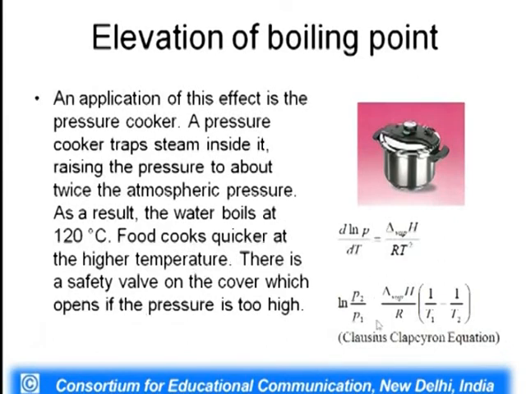This is your Clausius-Clapeyron equation. If the pressure change is positive, then T2 minus T1 will be positive, and so you can increase the boiling temperature by increasing the pressure.